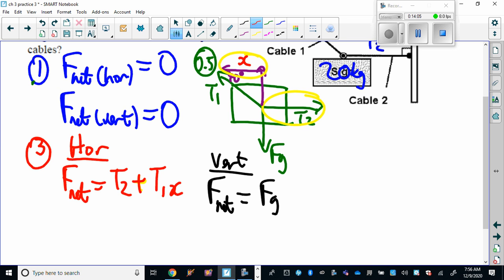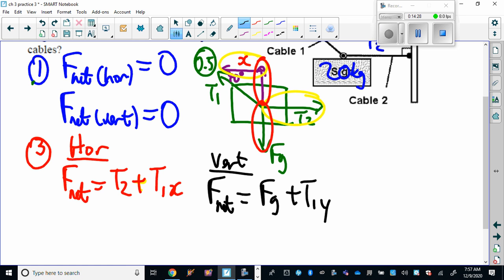And what's the other vertical one? Yep, you guessed it, the vertical component of T1. So this will be plus T1y. Okay, we've got our statements for both the horizontal and the vertical components of the force.